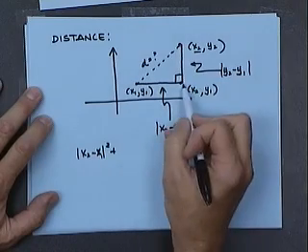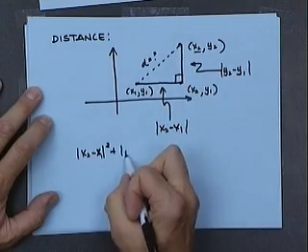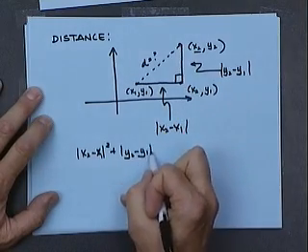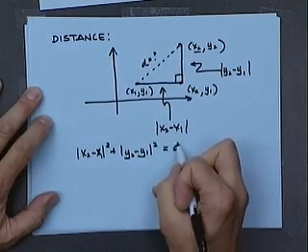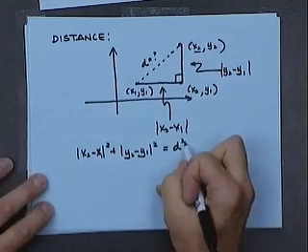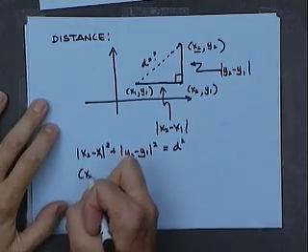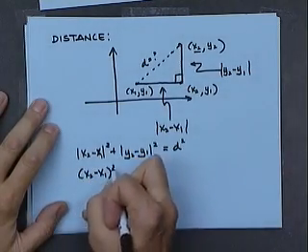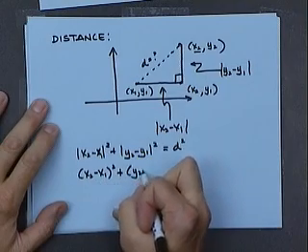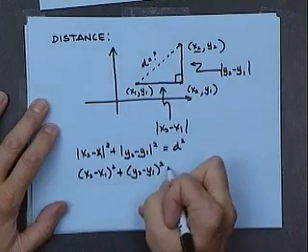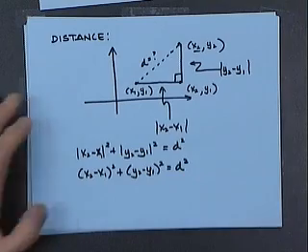Pythagorean theorem, this leg squared plus the other leg squared equals this distance that we're looking for squared. Does it really matter now that I have absolute value? Now that we're squaring, it doesn't matter. So this just happens to be that. So the order in which you subtract doesn't matter.